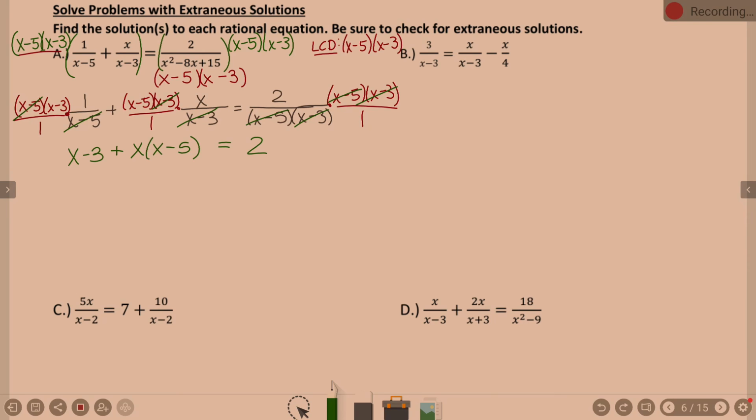We need to, what? Deal with that x minus 5 and just distribute. So I'm going to have x minus 3 plus x squared minus 5x equals 2.